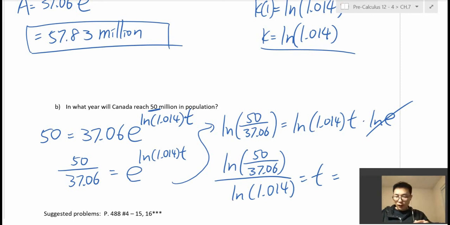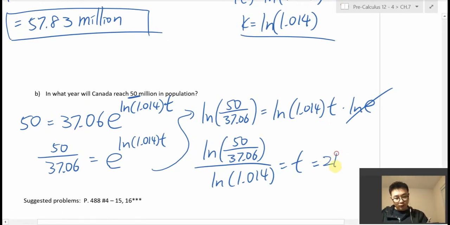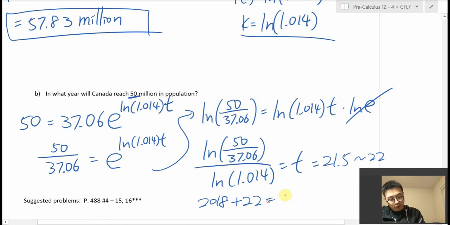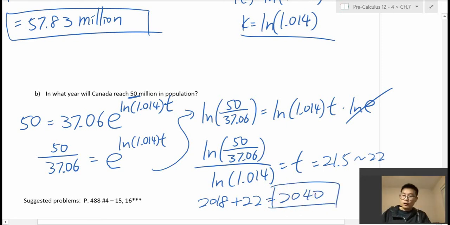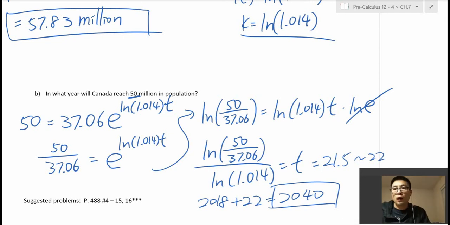This is going to take 21.5 years. So I'm going to say 22 years, which means starting from 2018, if you add 22 years, it's going to be 2040. So in the year 2040, Canada will reach the population of 50 million based on the growth in that year, assuming the trend continues.